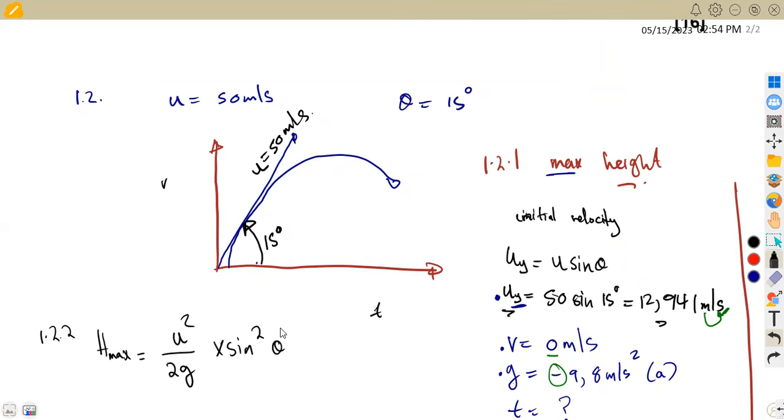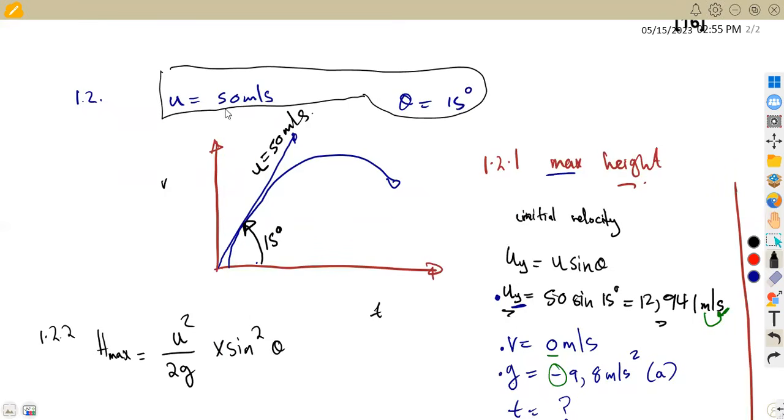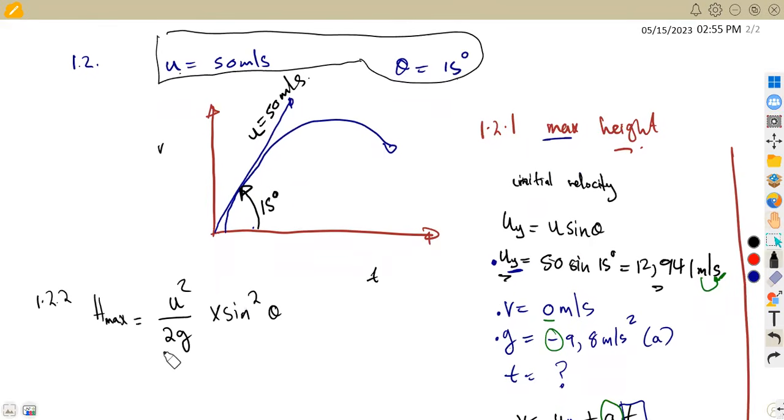So for this you do not need anything else. All you need are the initial values we were given before, our u and our theta, our u being 50 meters per second. So our h max is going to be 50 squared over 2 times g, which is 9.8, times sine squared theta, meaning the sine of the angle you're given, 15 degrees.